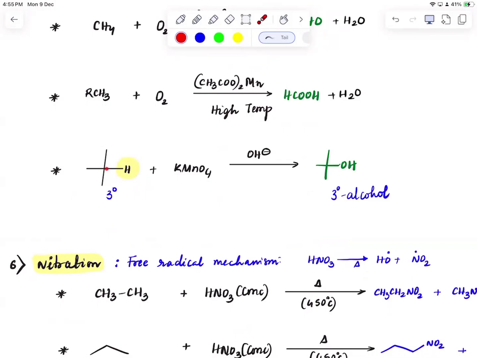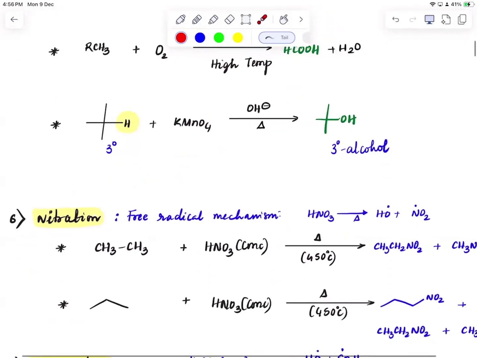That stable radical will take the nascent oxygen from KMnO4 on heating and convert it into a 3-degree alcohol. This is the only way we will see alkanes reacting with KMnO4. Otherwise, alkanes have no reaction with KMnO4 in general. So this is what we expect the reactions to be.